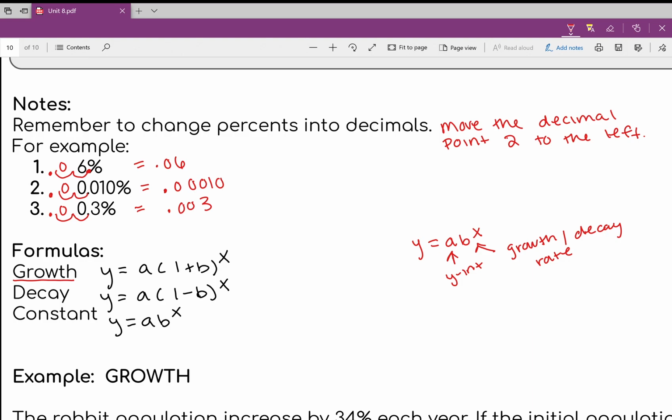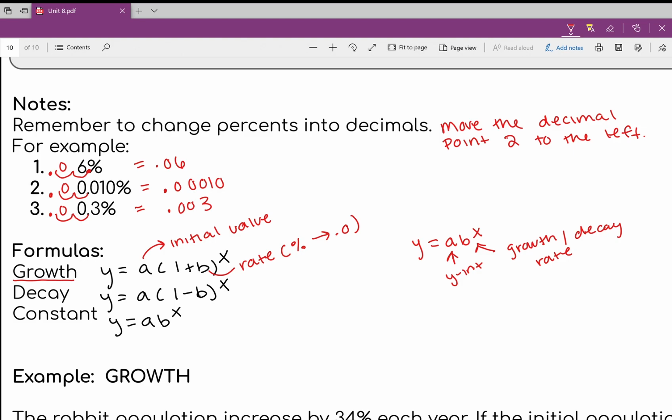Let me go ahead and label everything. This A is still going to be our y-intercept, but we're going to call it our initial value, our starting point. And then B is our rate. You'll see rate in our word problem as a percent, but we're going to convert it into a decimal, just like we did up here on the first part of the notes.